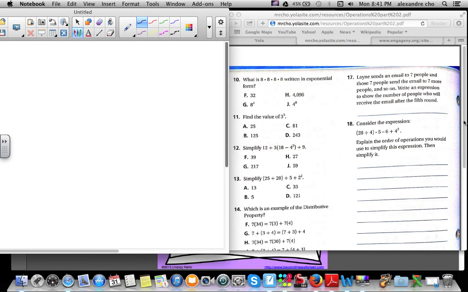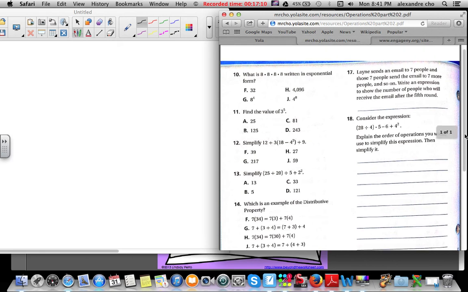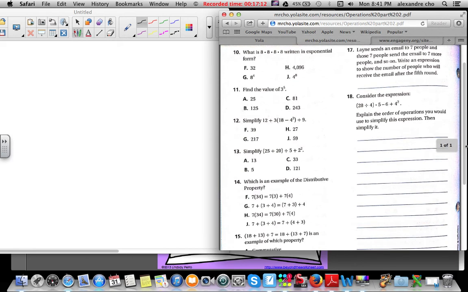What's an example of the distributive property? All right, let's see. Not A. Okay, guys, letter F says 7 times 34 is the same thing as 7 times 3 and 7 times 4. No way. Even if you didn't know what the distributive property was, you can figure out that the left side is not equal to the right side.